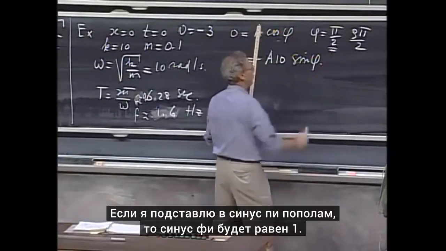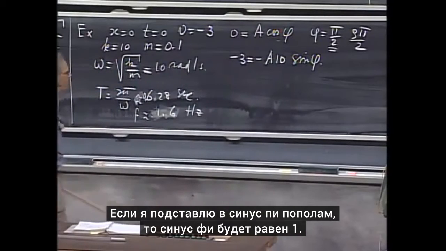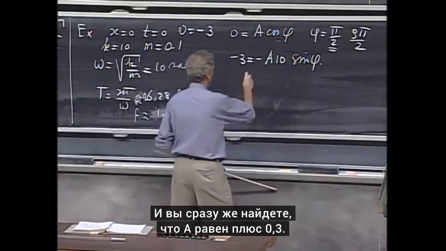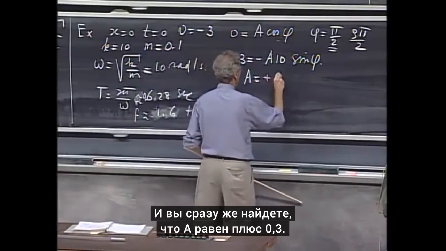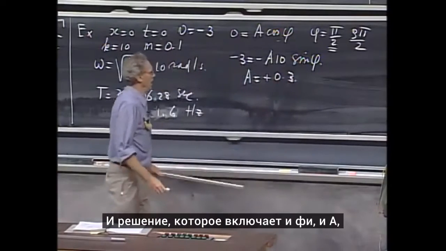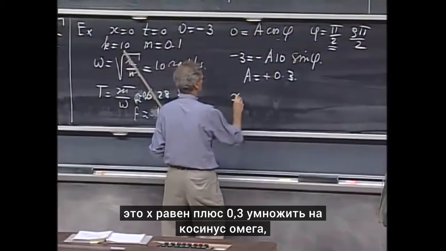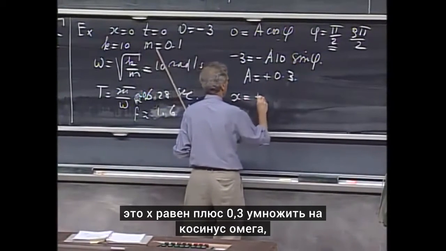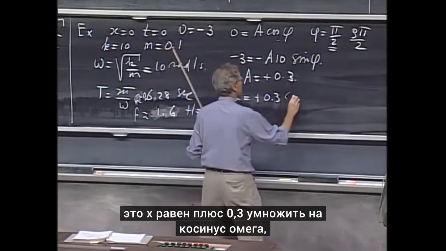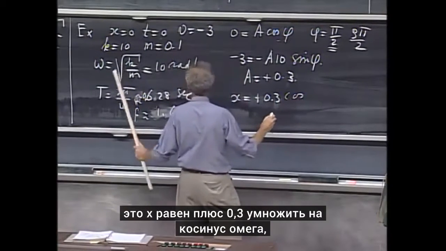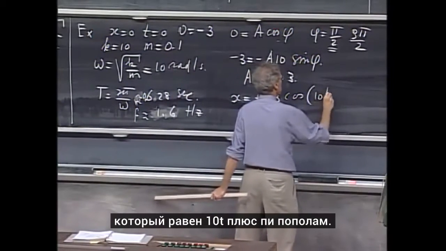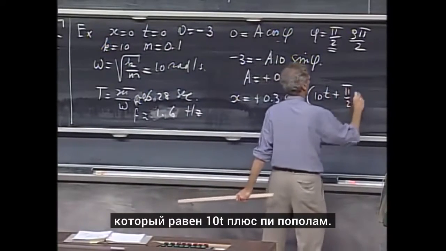If I pick pi over 2, then the sine of phi is 1. And so you find immediately that A equals plus 0.3. And so the solution now, which includes phi and A, is that x equals plus 0.3 times the cosine of omega, which is 10t plus pi over 2.